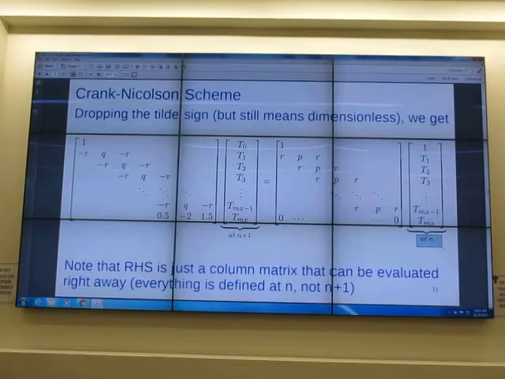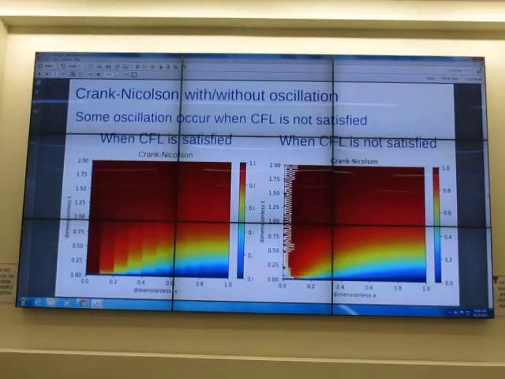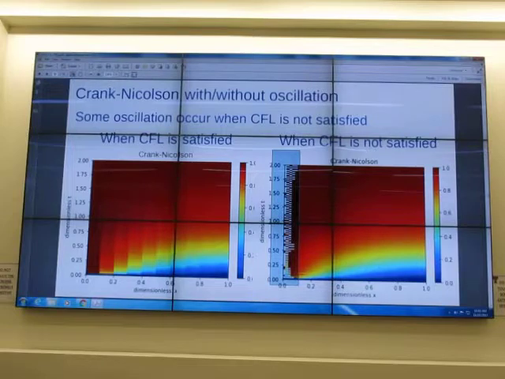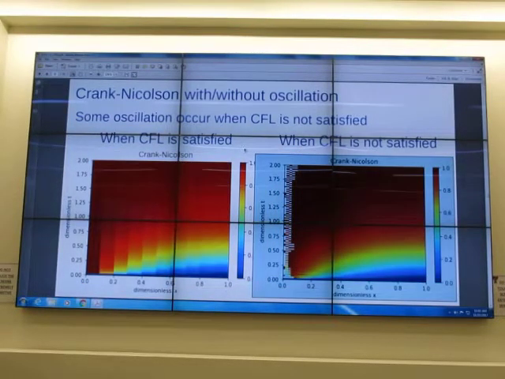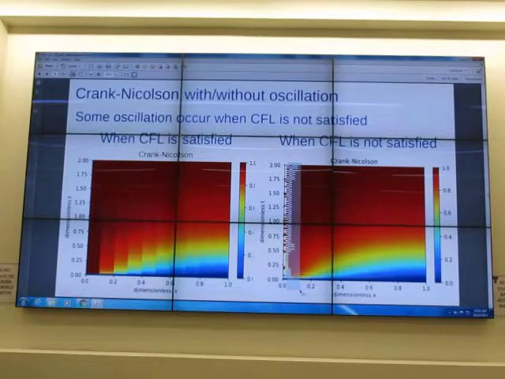You recall this? We talked about the oscillation in Crank-Nicholson. When I satisfy the CFL condition, it looks nice. When I do not satisfy the CFL condition, it's still solvable, but it has some oscillation.